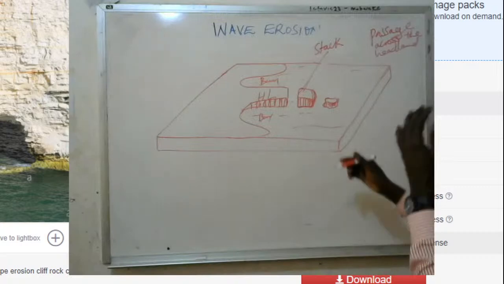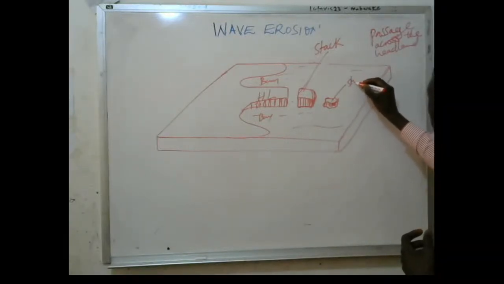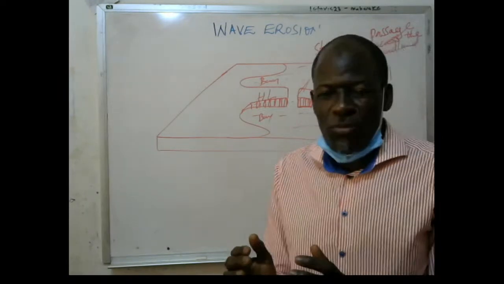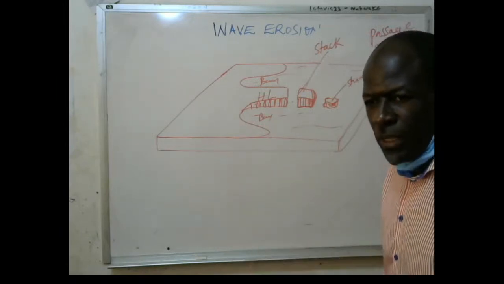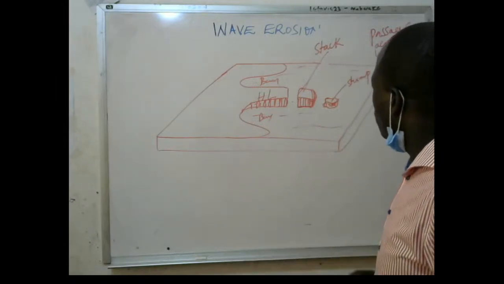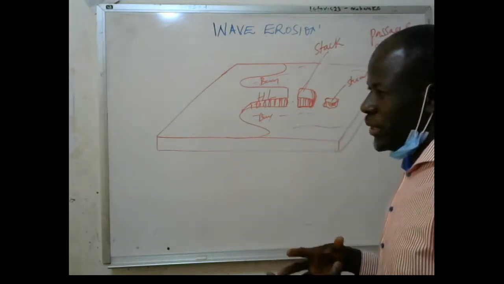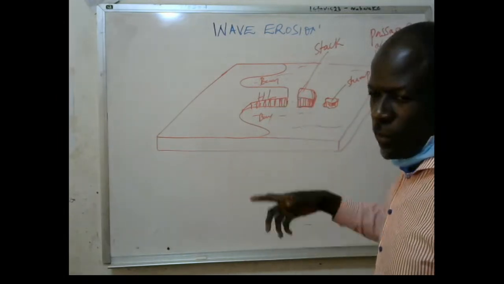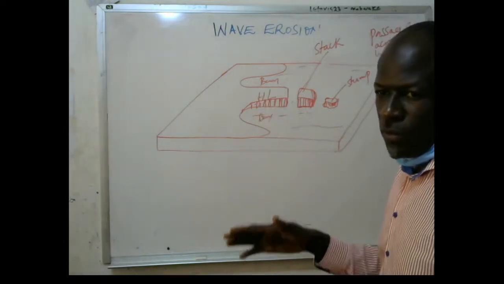So continued wave erosion on the stack will turn this one into a stump. So a stump is simply a remnant. It's a small mass of rock within the sea that remains after the stack has been eroded by wave action. While the stack is a rock that stands in the water that has been cut off from the headland after the collapse of the roof of the arch.